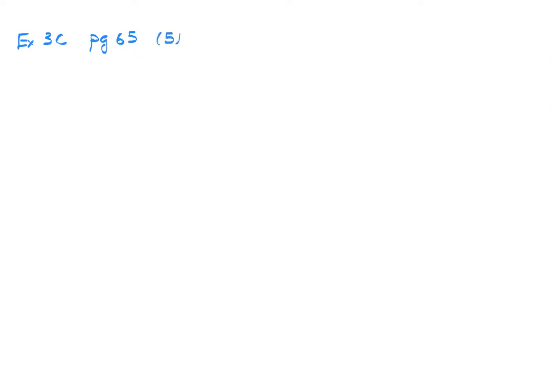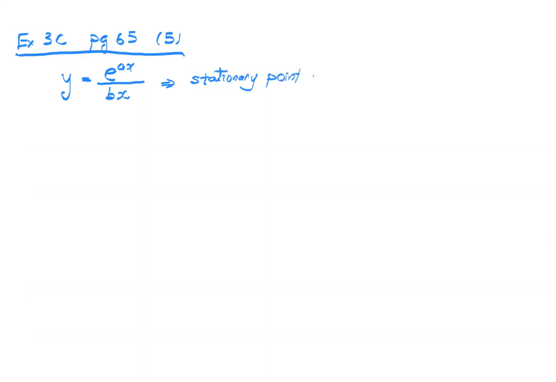Okay, so we are going to solve this problem. This problem gives us a function that is y equals e^(ax) over bx. This is a function, and it says that the stationary point of this function is (1/3, e/2).